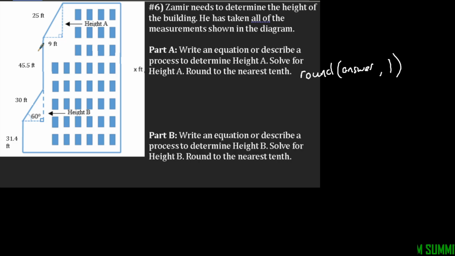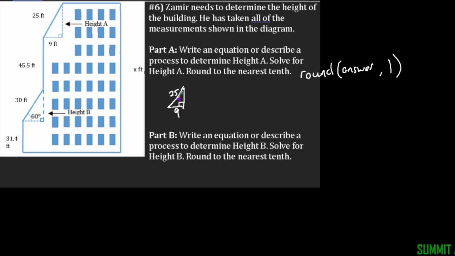So if I look at my little right triangle right here, that one's going to be pretty easy to find because I'm saying, hey, that's height A. I'm going to redraw it for what I need. I need to make it a right triangle. I'll say my hypotenuse is 25, and my bottom is 9.